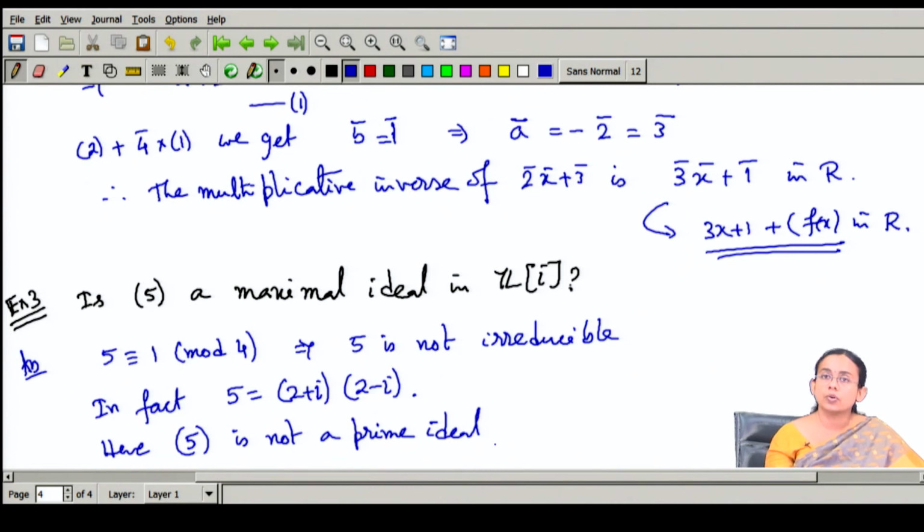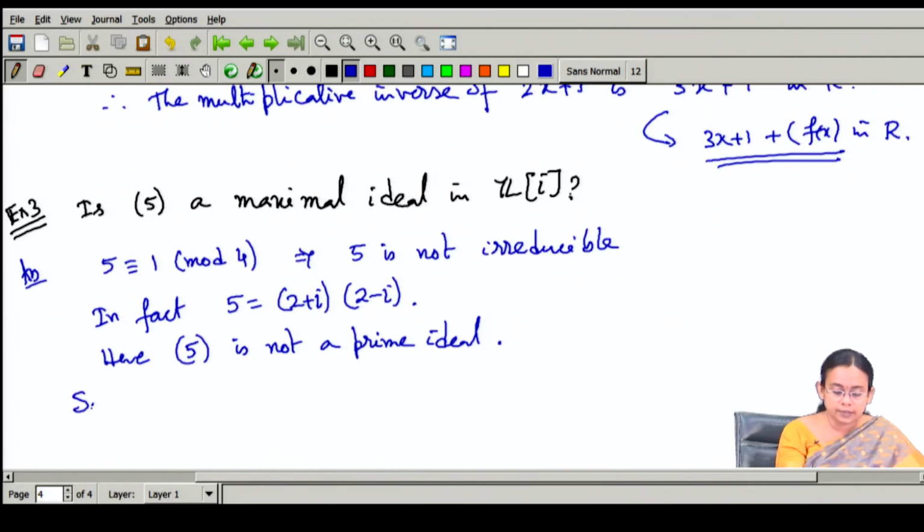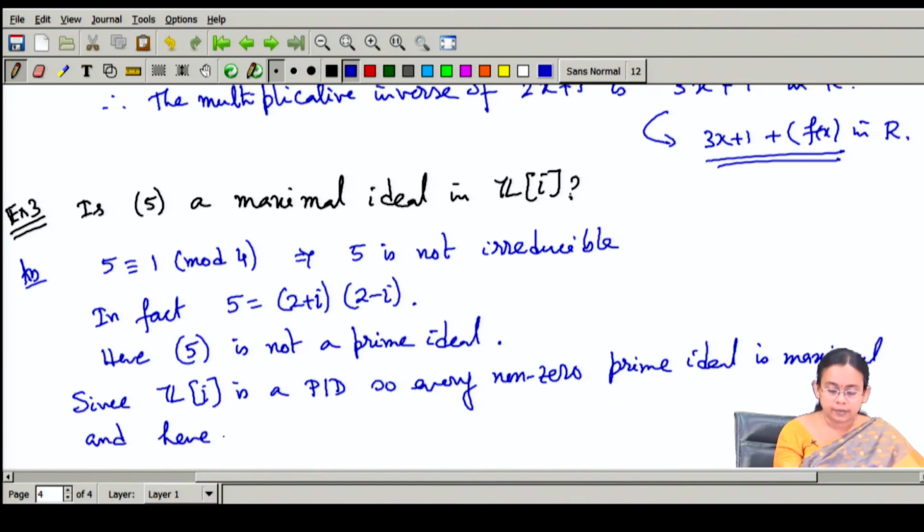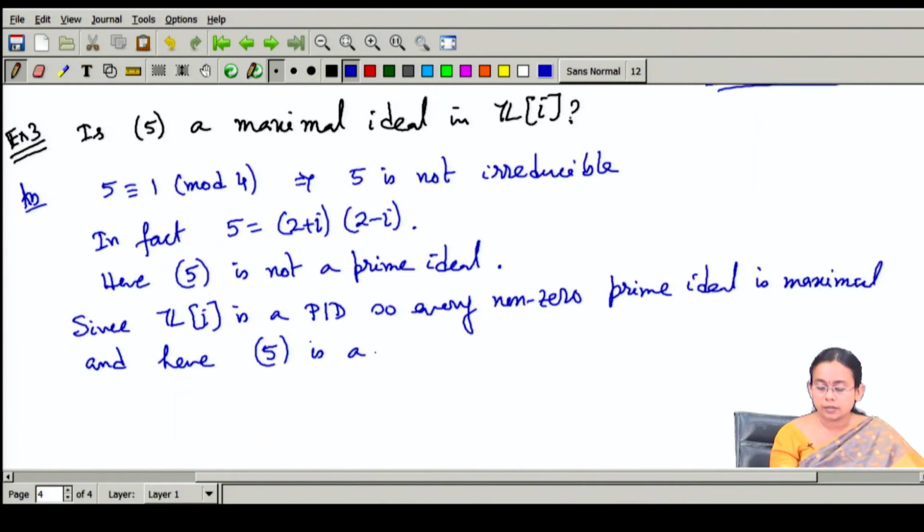And moreover, since Z[i] is a PID, every non-zero prime ideal is maximal, and hence the ideal generated by 5 is a maximal ideal in Z[i].